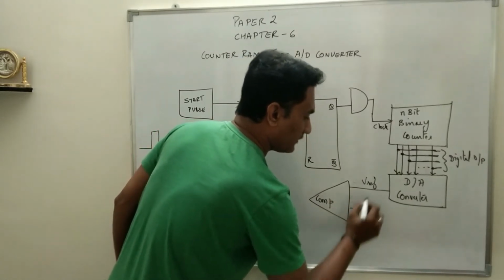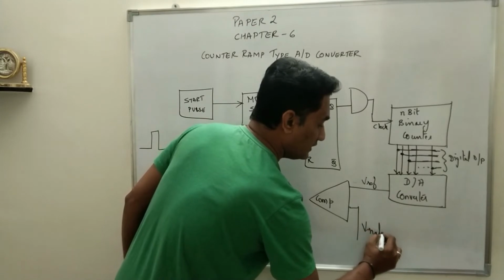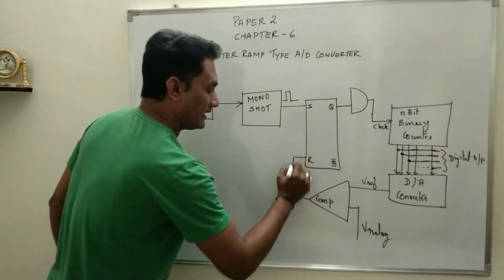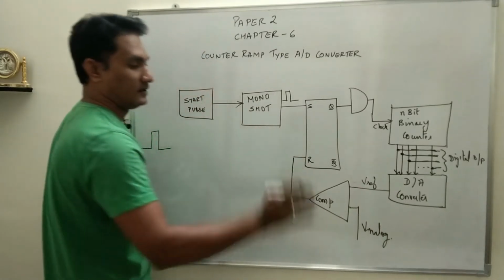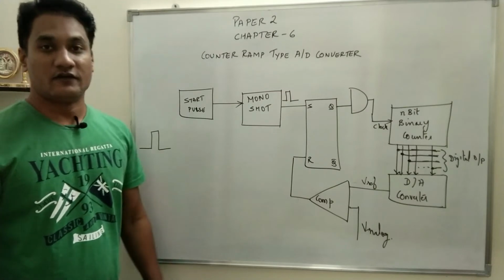One input of the comparator is the reference voltage, the other input is V analog, and the output of the comparator will drive the reset pin of the flip-flop.